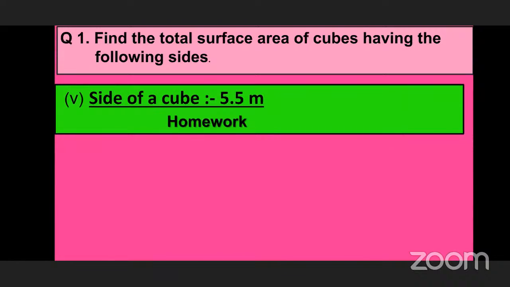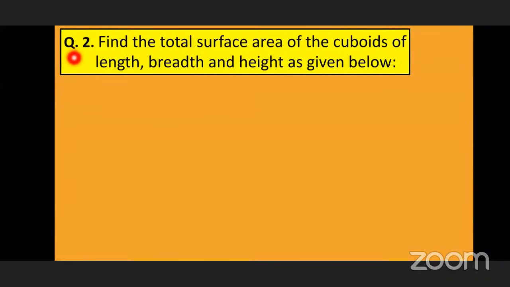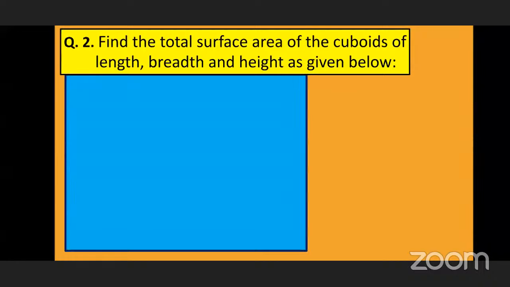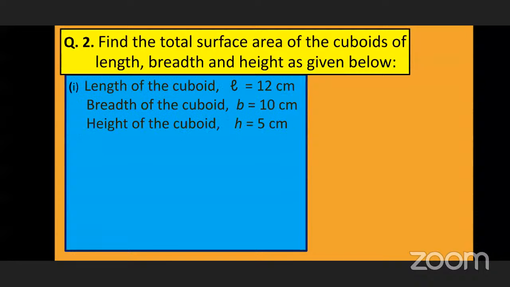Good. Now let us find the total surface area of the cuboid with the given length, breadth and height. So see children, the length of the cuboid is 12 centimeter and the breadth of the cuboid is given.